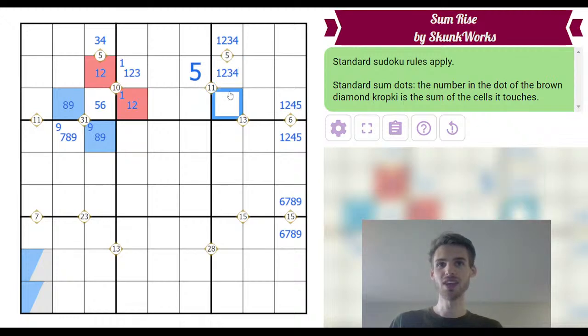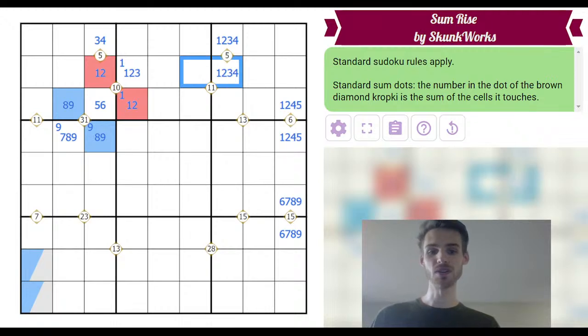So we would have to do double 2 and then a 3, but that's already 12. So there's no way there's not a 4 up here. There is a 4 up here.